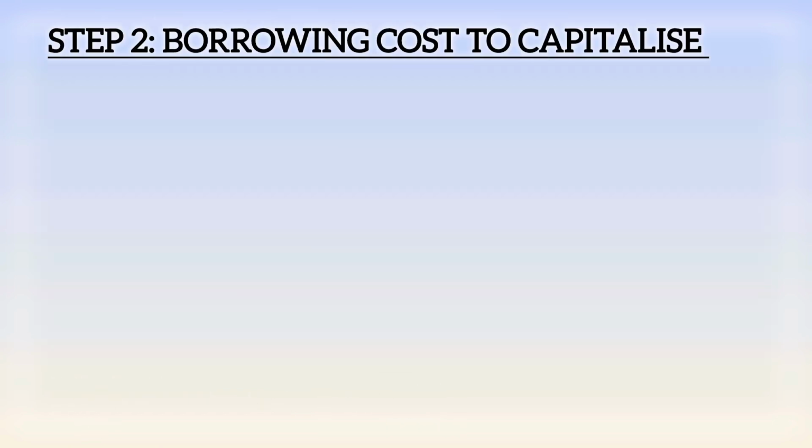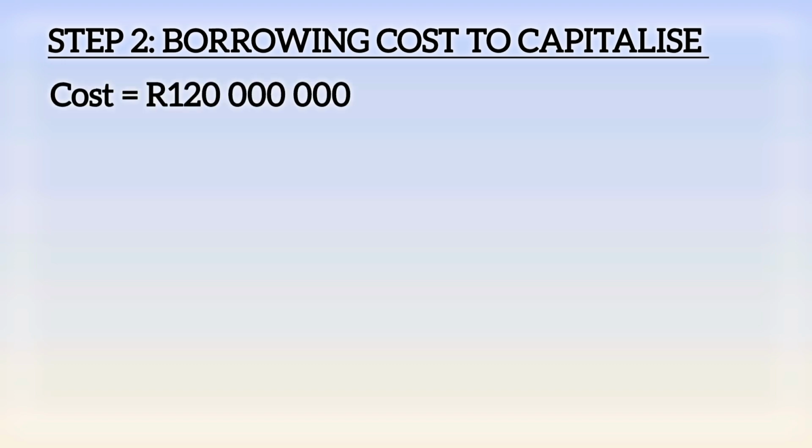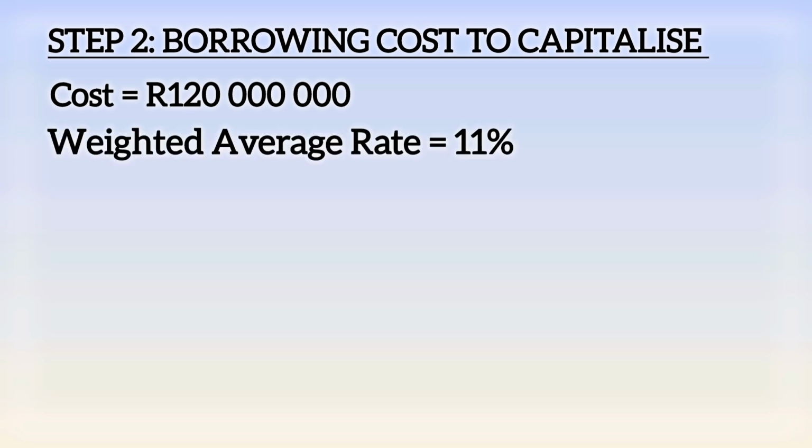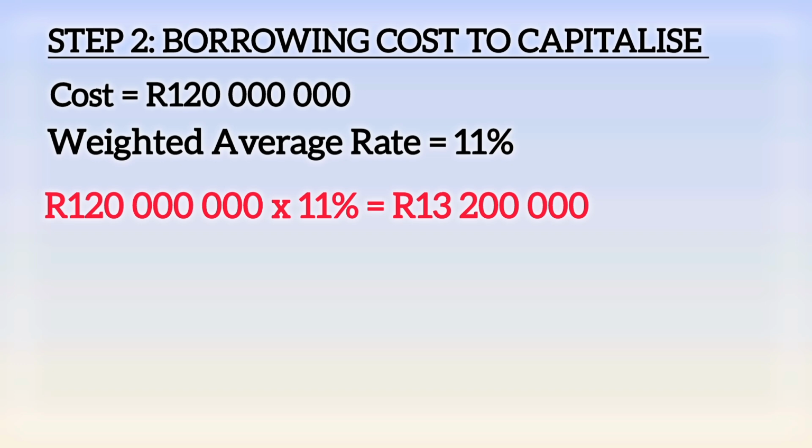Step 2, you need to calculate your borrowing cost to capitalize. We have annual borrowing cost on the qualifying expenditure of 120 million times 11%. 13,200,000 is the interest for the whole year. We only need to capitalize 6 months.